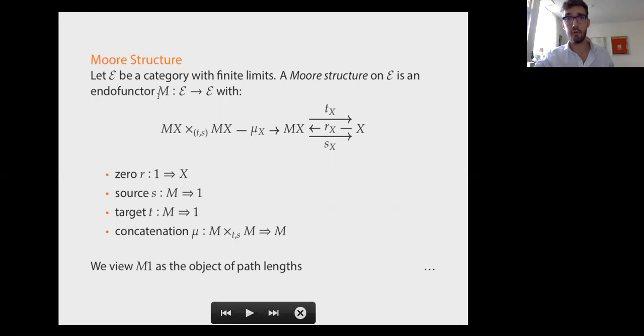I should also say that this functor preserves pullbacks. Since every MX admits a canonical arrow to M1, that should be thought of as taking the underlying length of the path. So M1 is the object of path lengths. In simplicial sets, that is some mysterious simplicial set.